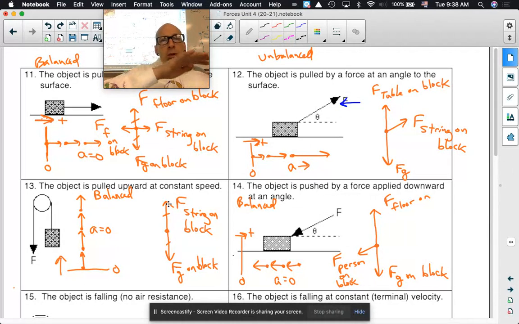Because it's one thing for something to roll across the table or slide somewhere and say that it's balanced. It's another thing to say something's going up and say that it's balanced. But it is.